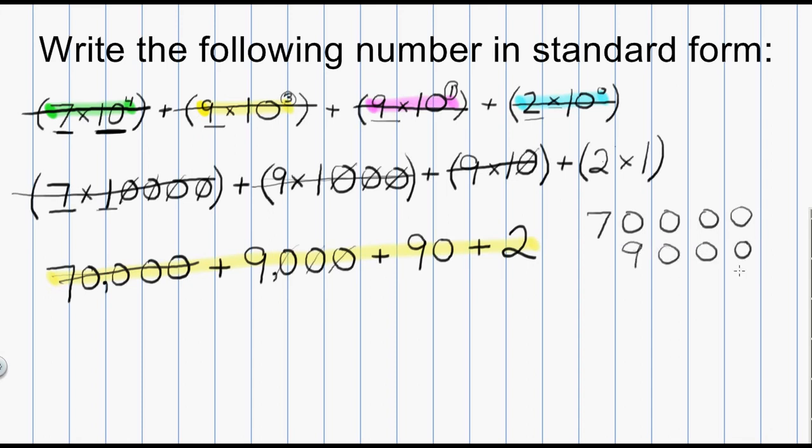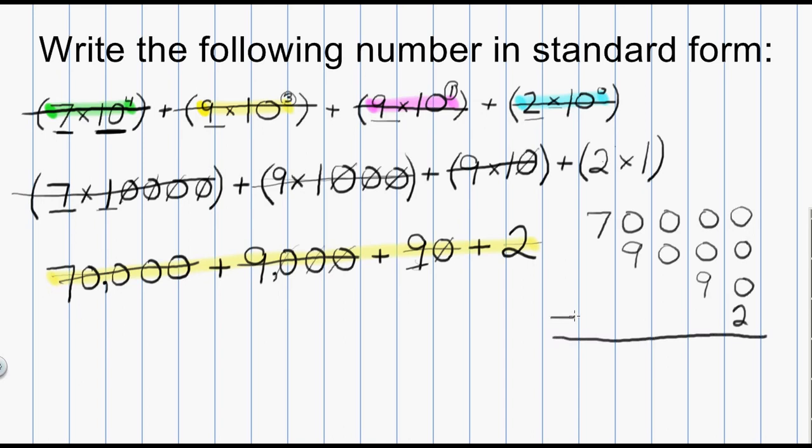This keeps my numbers lined up on that right column. And we'll cross the 9,000 off. All right, for 90, I've got a 1 zero, so I'll put 1 zero here on the right column. Bring this 9 over. Cross that off, and then finally I have a 2, and it will go in my right column.